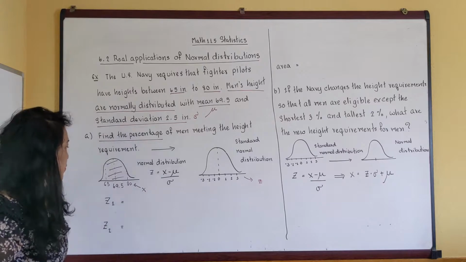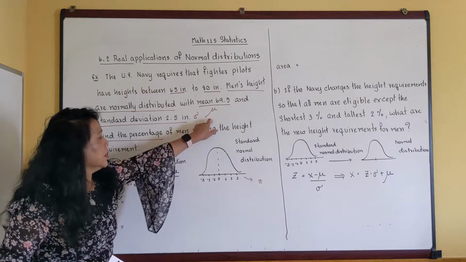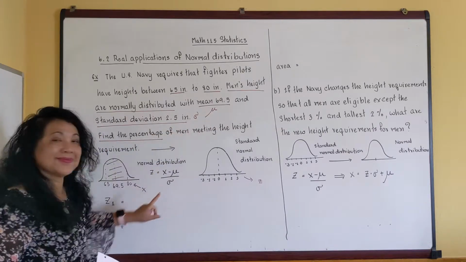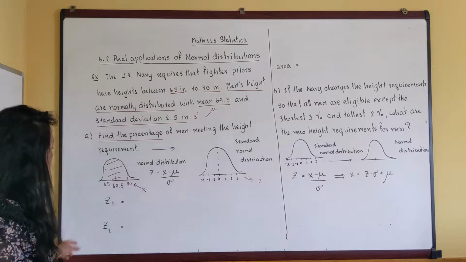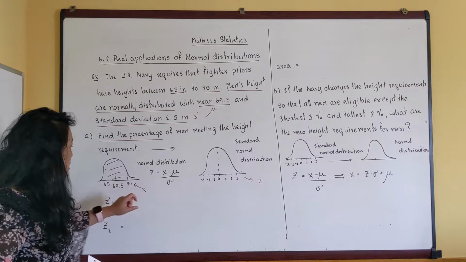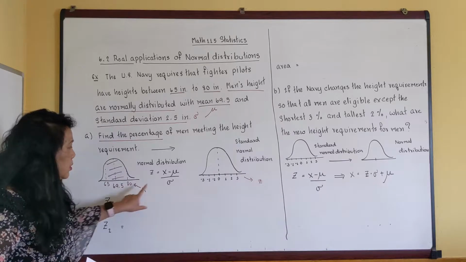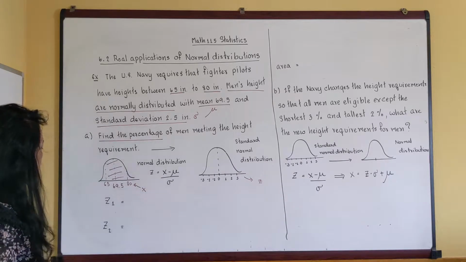The formula to convert from x to z is z equals x minus mu divided by sigma. Because you have two x values, the first 65 and the second 80, you have to apply the formula twice.